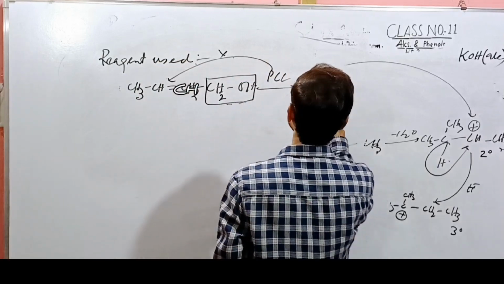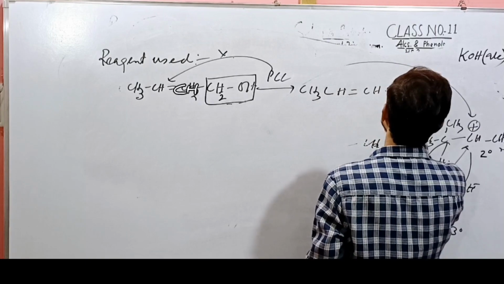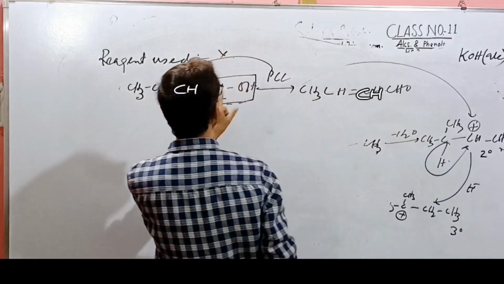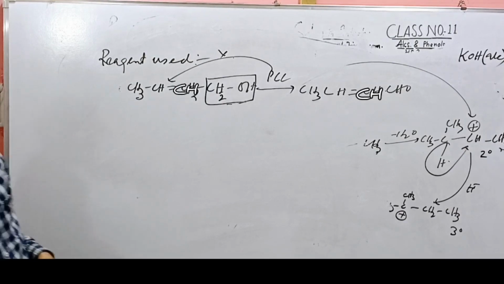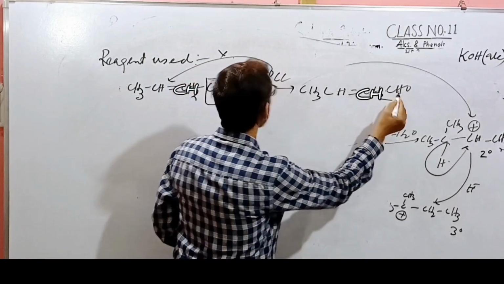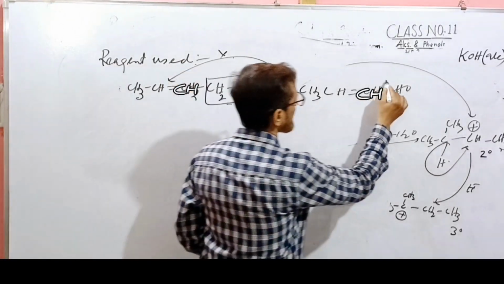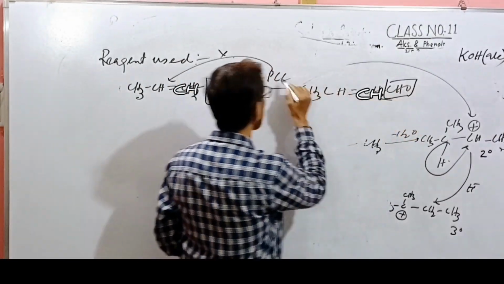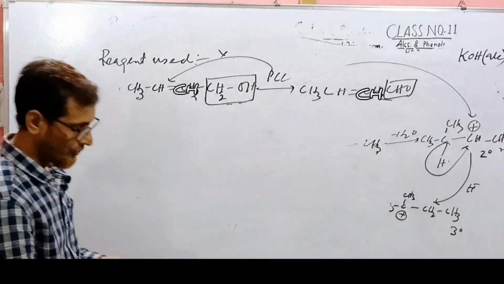So the answer will be this one. Mind that you don't make the CHO go further to COOH, because it is a mild oxidizing agent. Pyridinium chlorochromate.